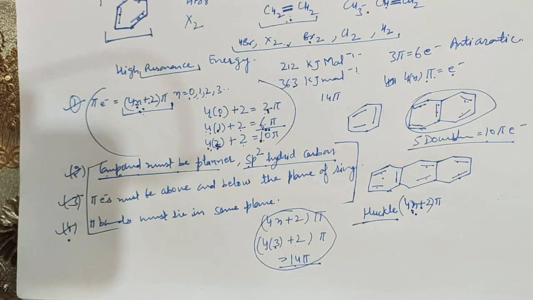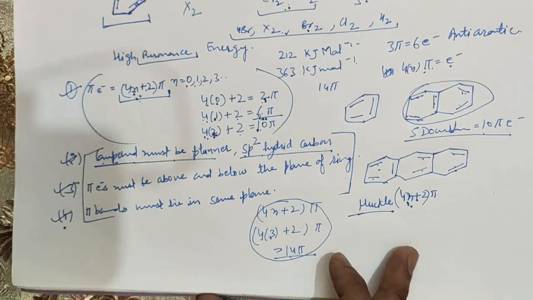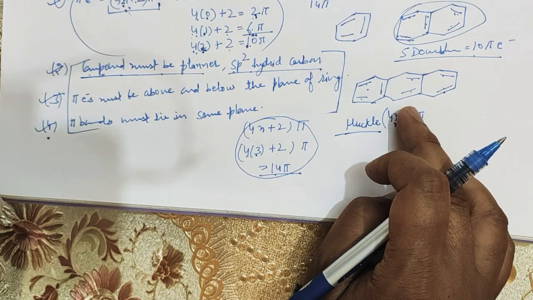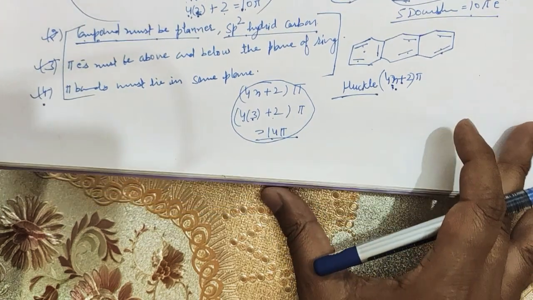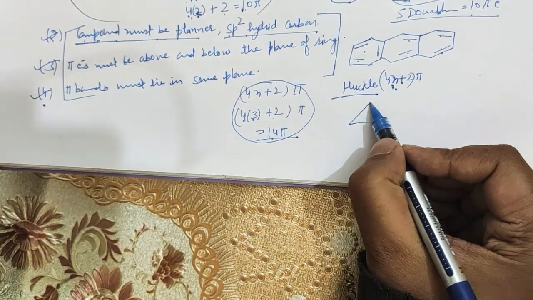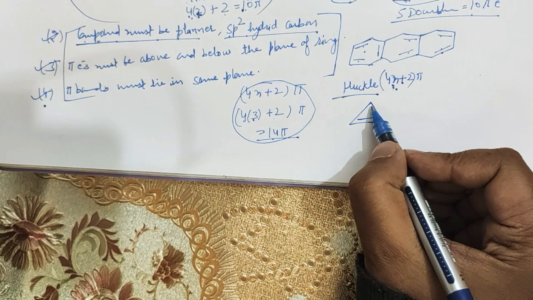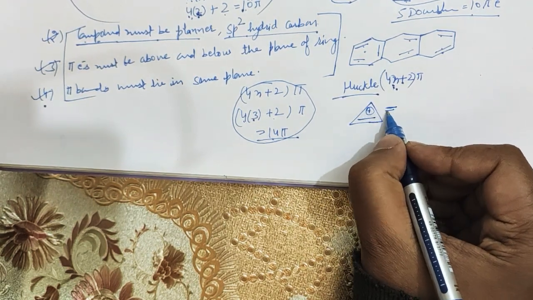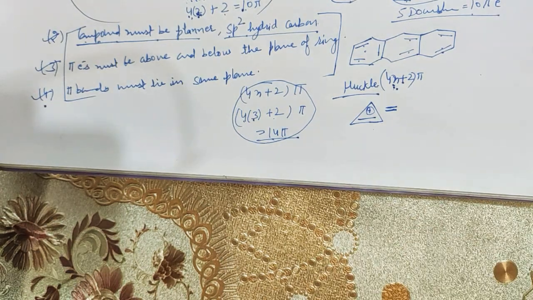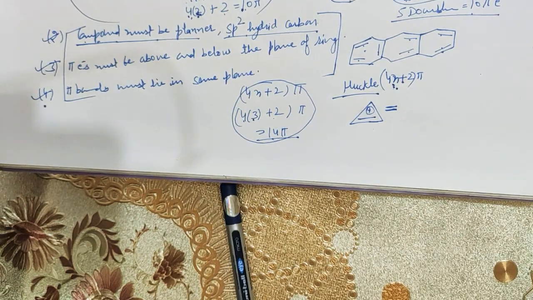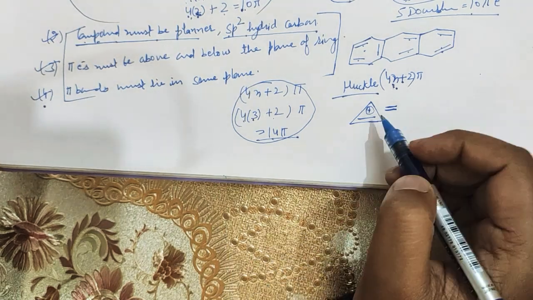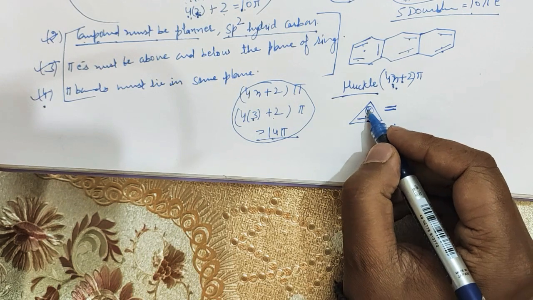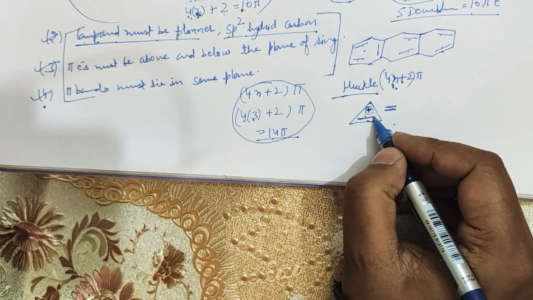So there are many other compounds or ions. It's not necessary that only a neutral compound is an aromatic compound following Huckel's rule of aromaticity. If you have a compound with a charge given, like this positive charge, then you may again apply Huckel's rule of aromaticity for it. For example, here only 2 pi electrons are present in this cation. There is a positive charge on the carbon and there is a pi bond.